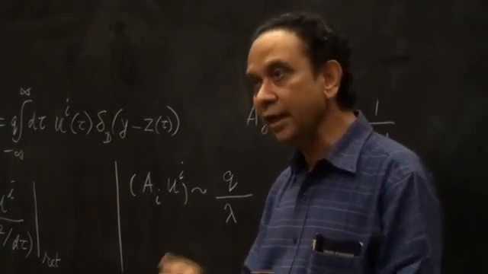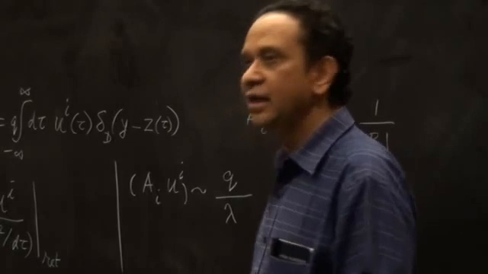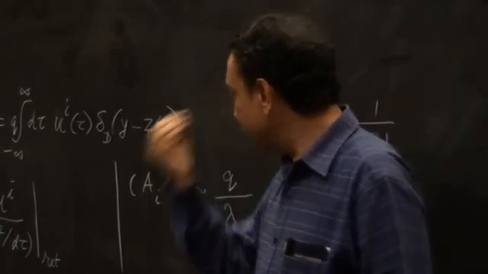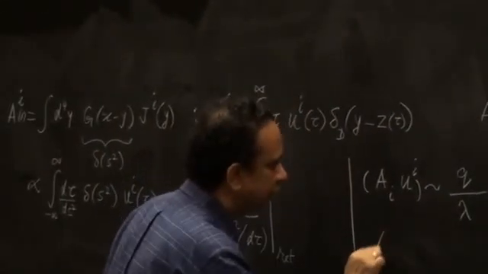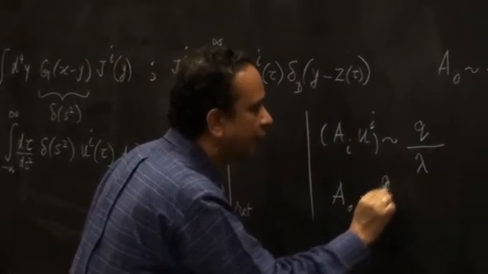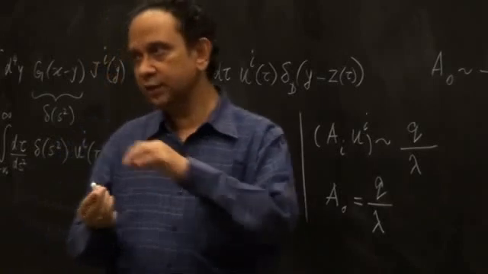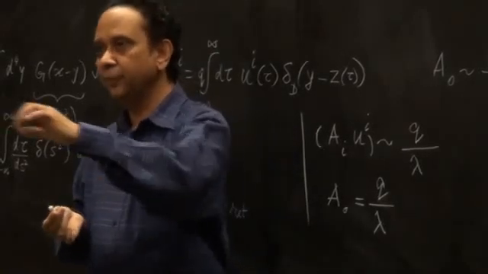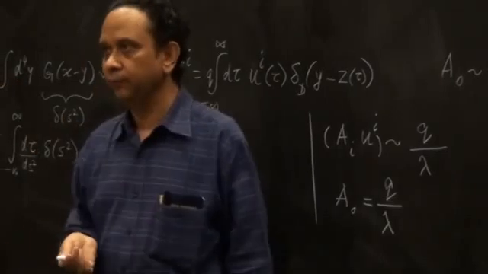That is, you can write it down in any coordinate system you like as long as you are in flat spacetime. Therefore, in the Rindler frame, where your UI is just one component, the potential A0 is just Q divided by the affine distance between the source point and the field point of a light beam which goes from the source to the field.